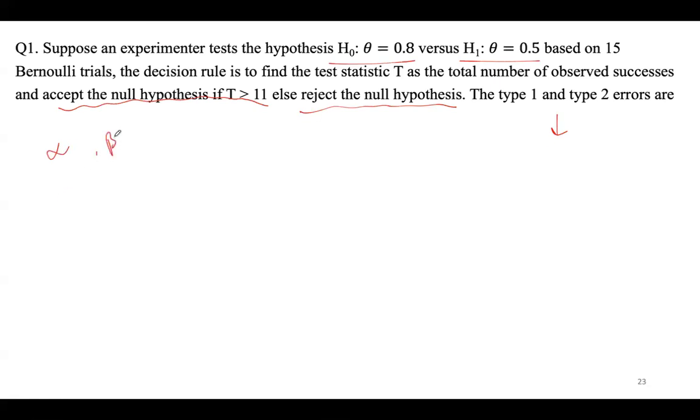That's the main thing. Now, if you remember what alpha is, alpha is that we reject H naught, but it's true, right? Likewise, here we want to accept H naught, but it's false.